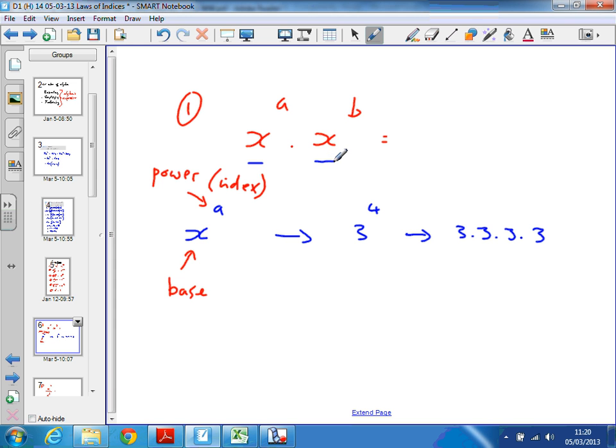An example might be 3 to the power 4 multiplied by 3 to the power 2, 3 squared, would be 3 to the power 6. I just add the powers together. That's what the laws of indices are saying.